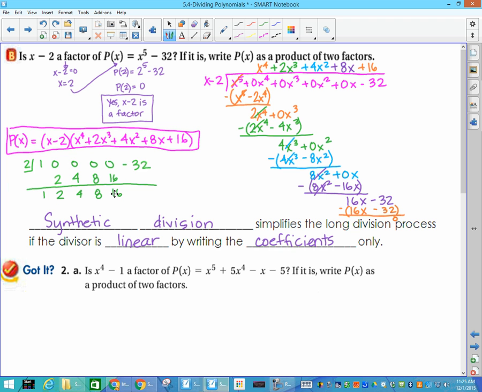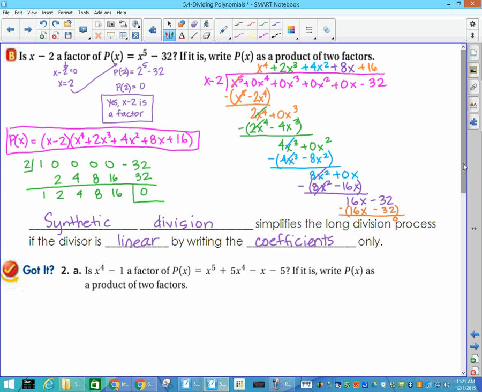And 2 times 16 is 32. And negative 32 plus 32 is 0. And this number, when you do this process, is always your remainder. I don't know if you can see, but these are the coefficients going down: 1, 2, 4, 8, and 16. Okay? We're going to do that a little bit more, but you can now see that this is a little bit easier to do and more fun than that process.